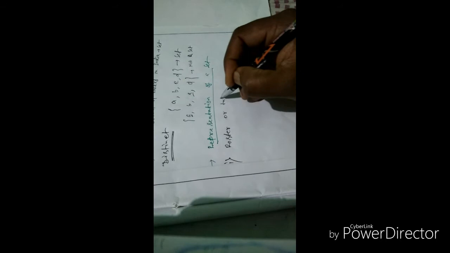One is roster or tabular form, and the second one is property or set builder form. First, roster or tabular form.